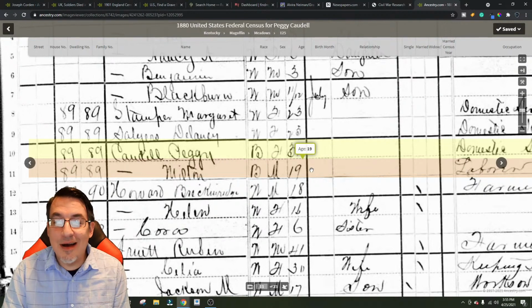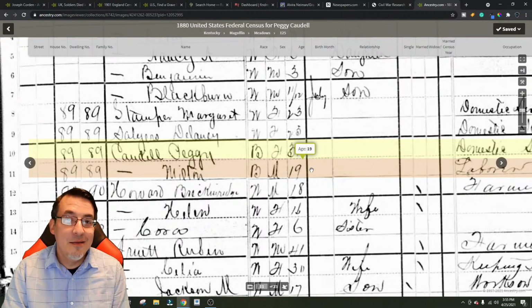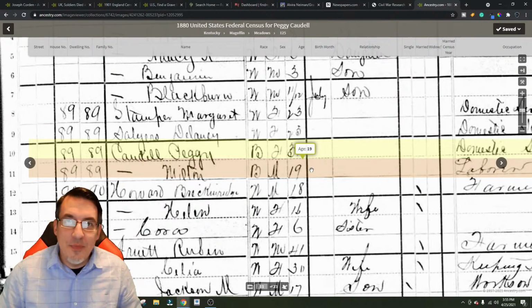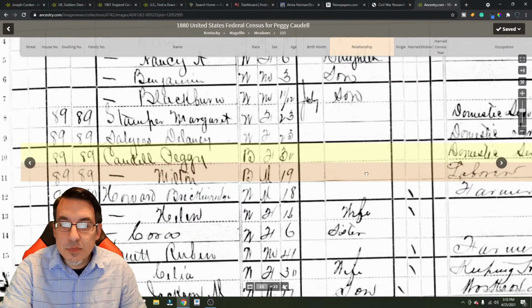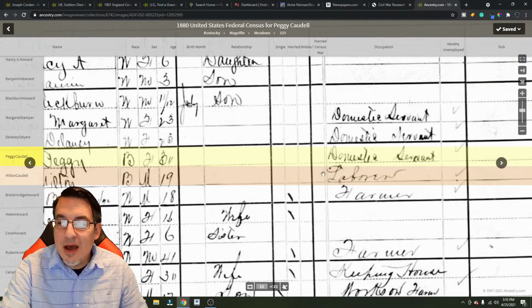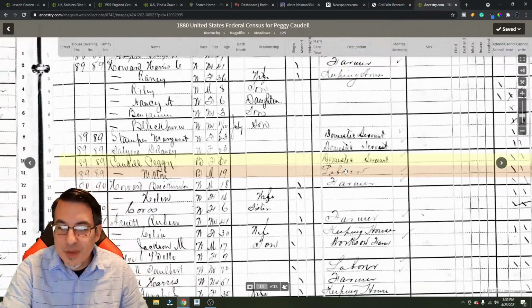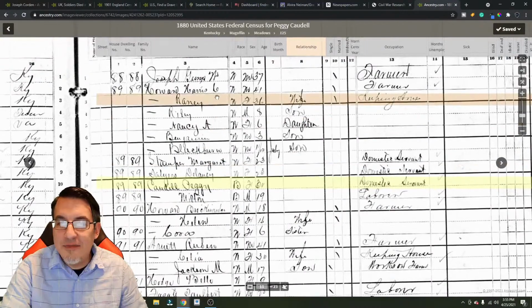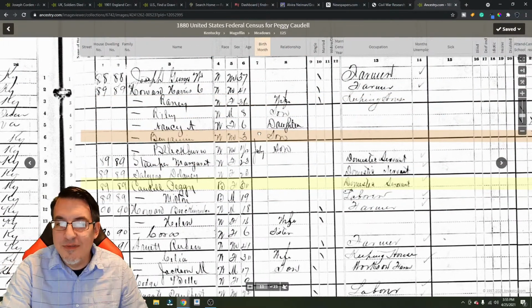So now I'm thinking, okay, my great-great-great-grandmother was probably born into slavery. Now, I can't assume that because there were free black people living in Kentucky at that time. But Peggy Caudle, she's a domestic servant. Now, interestingly, she's actually living around all of these Howard family members.